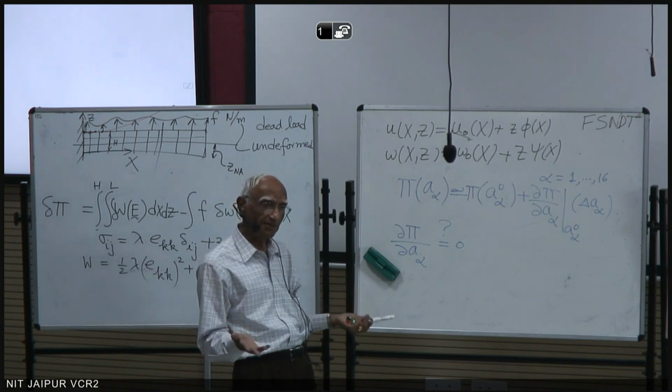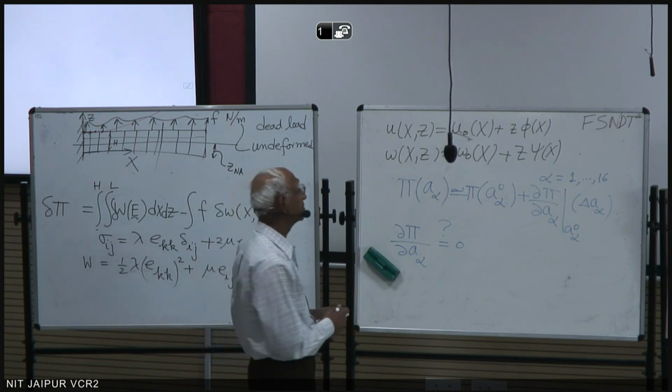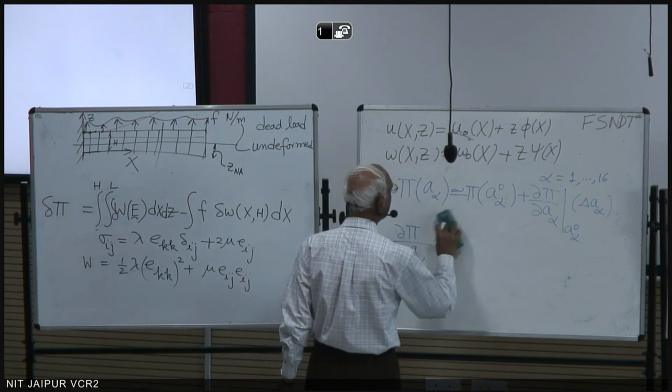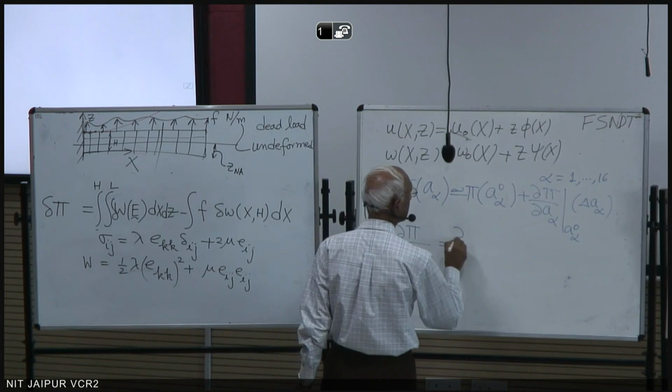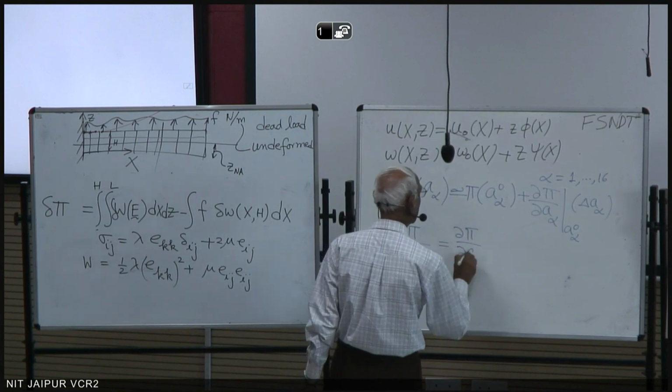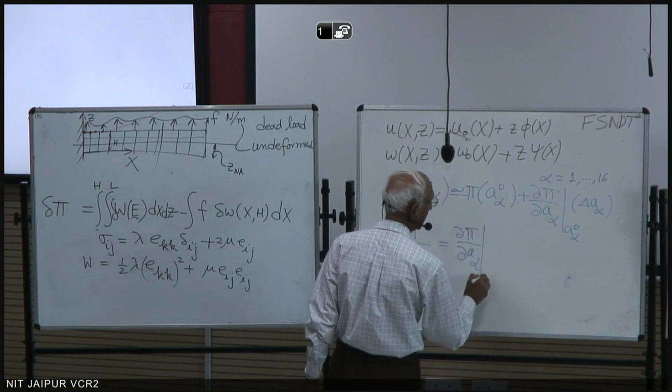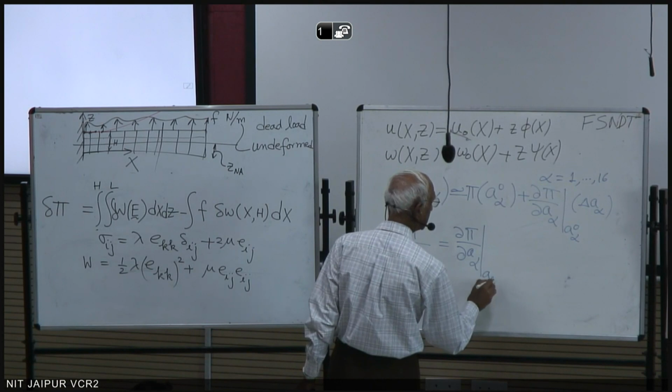So you can solve them. So you have now a solution of these linear equations which you have solved. So this is now A alpha. You evaluate it at the linear solution.